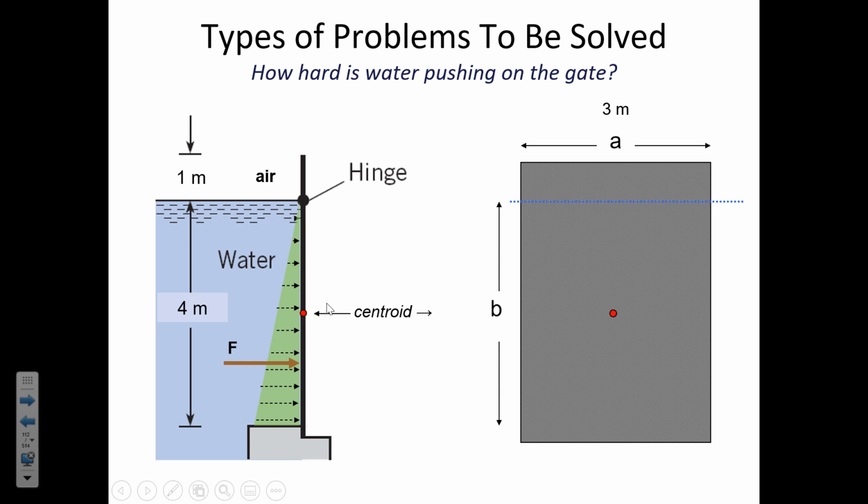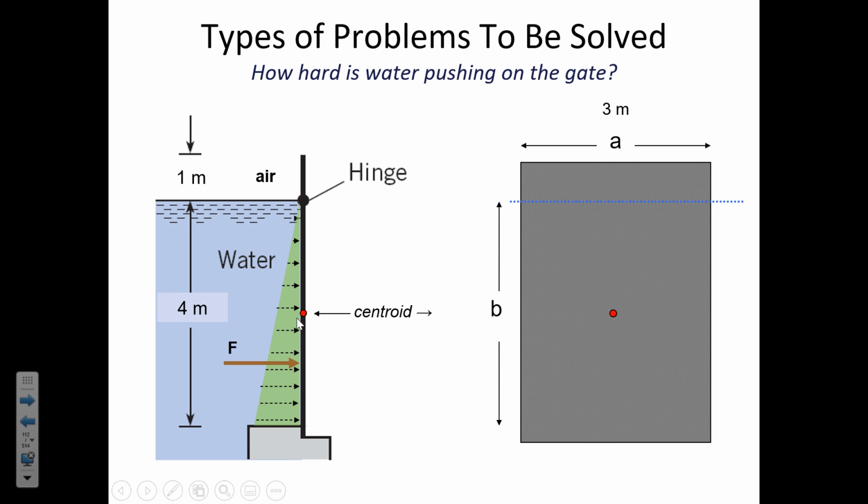Now, make note of the centroid. The centroid is the center of area. Specifically, it's not the center of area of the entire gate, but the center of area of the submerged portion of the gate that the water is acting on.